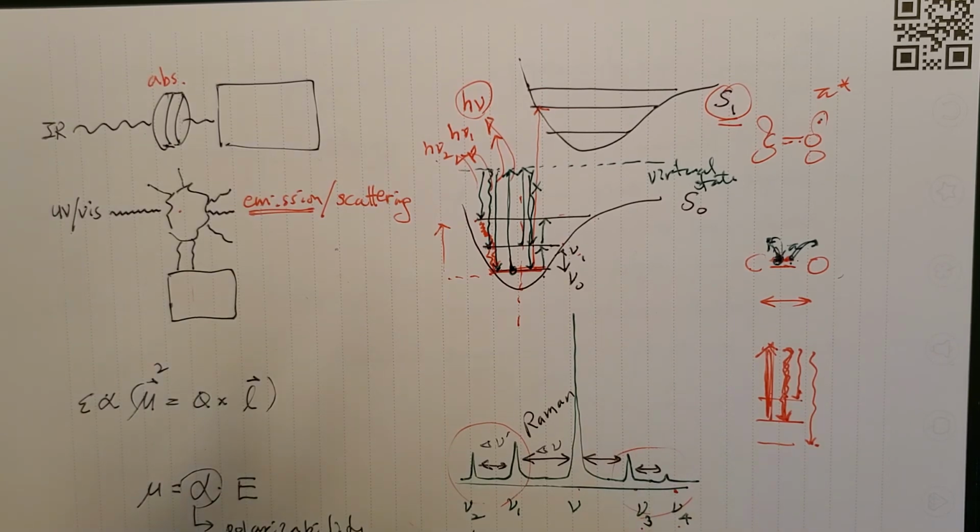So whichever molecule is easy to polarize gives a stronger signal in the Raman. Unlike the IR, where whichever vibration makes bigger changes of dipole moment, x, y, z. But polarizability has to do with area.